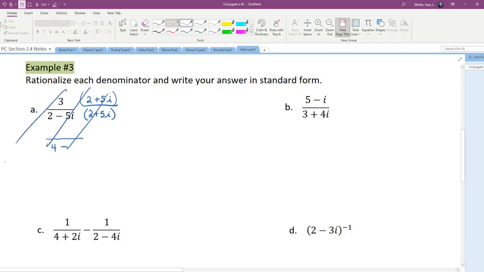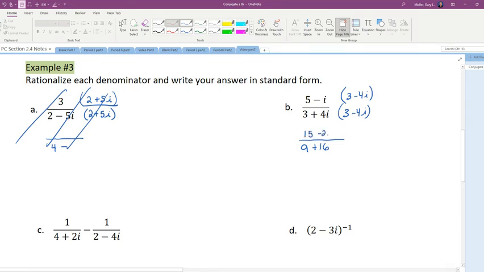All right, part B. Multiply by the conjugate. On the bottom, I'm going to get 9 minus 16i squared, or negative 16. This becomes 9 plus 16. 3 times 5 is 15.